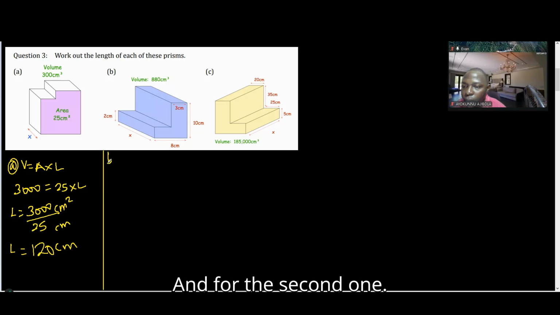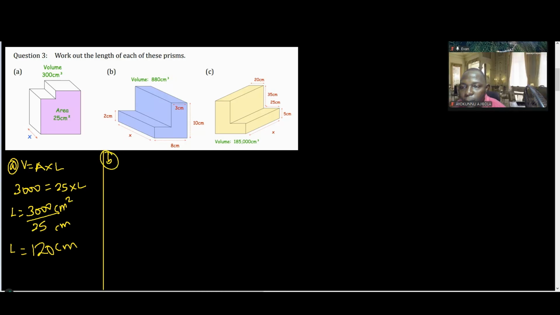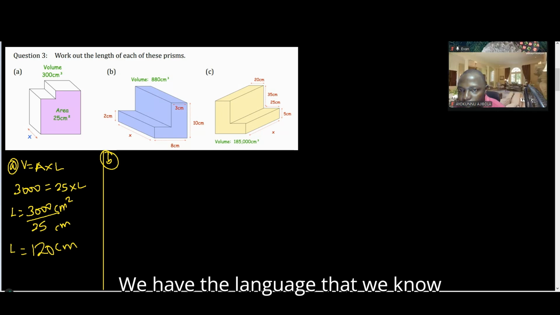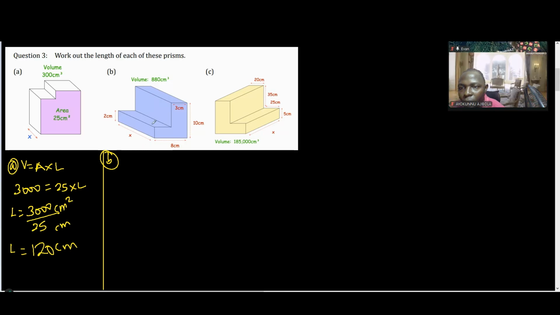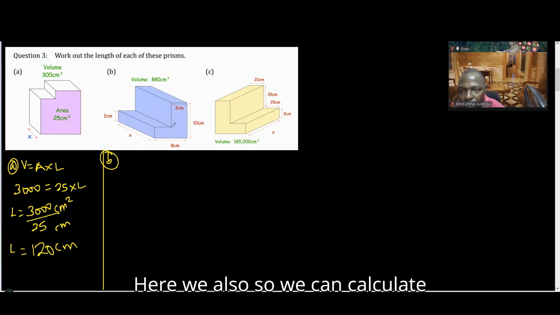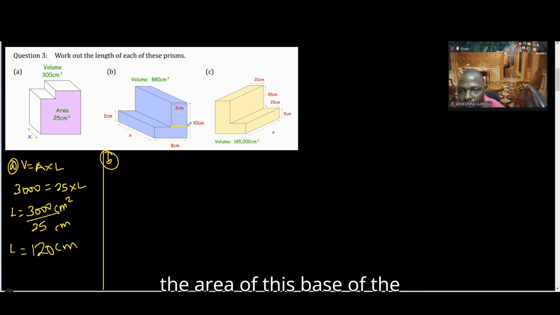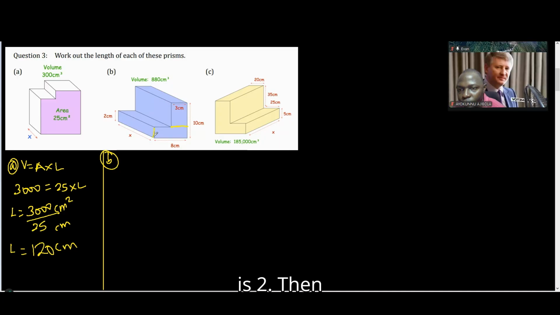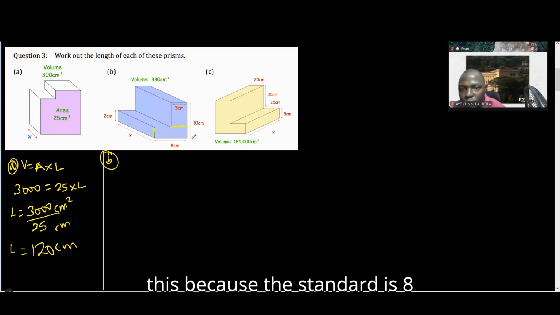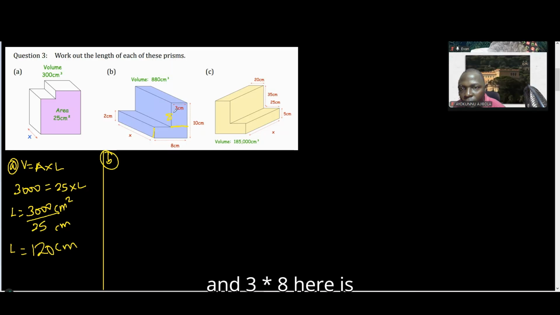And for the second one, we have the length that we don't know, and we want to calculate the area also. So we can calculate the area of this base and the area of that other part. So if this is 2, then this, because it's 10, this is 8, and 3 times 8 here is 24.